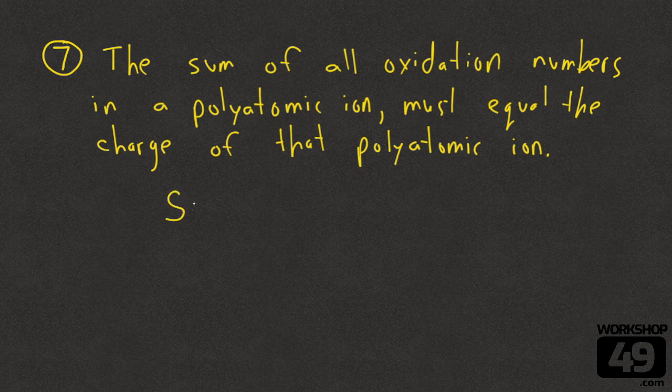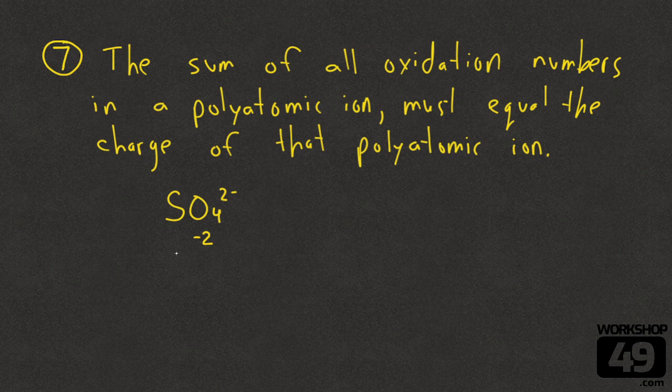An example, sulfate. In this sulfate polyatomic ion, I would first check to see if I have a hydrogen. I do not. I would then check to see if I have an oxygen. Oh, we do have an oxygen. Oxygen is assigned the number -2. Now we have to make it so that the sulfur combines with the 4 oxygens to equal -2.